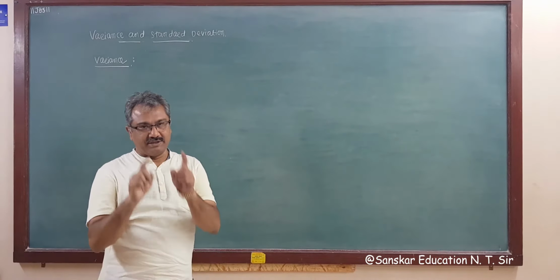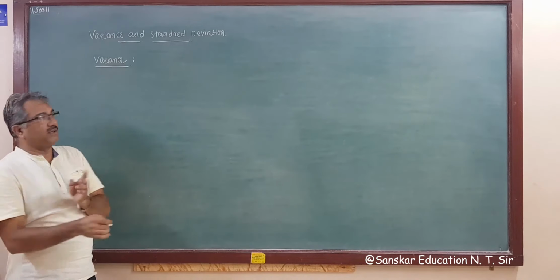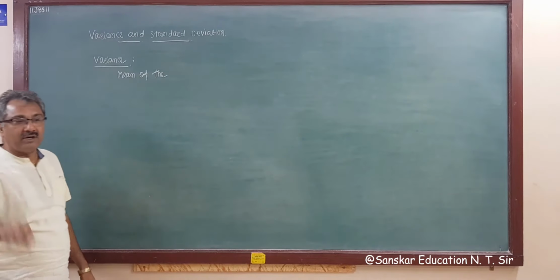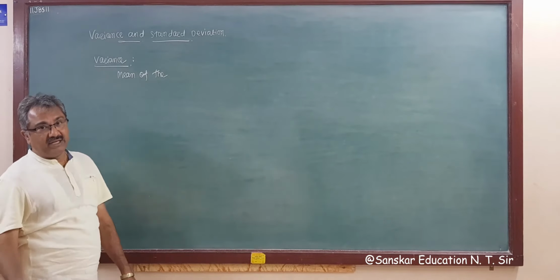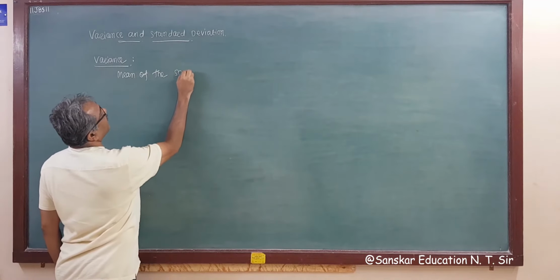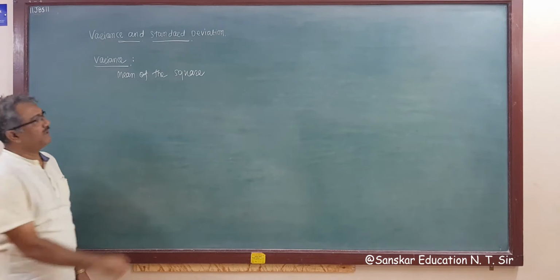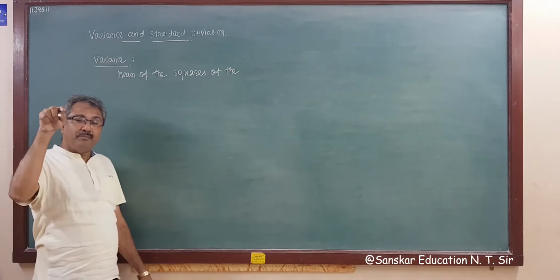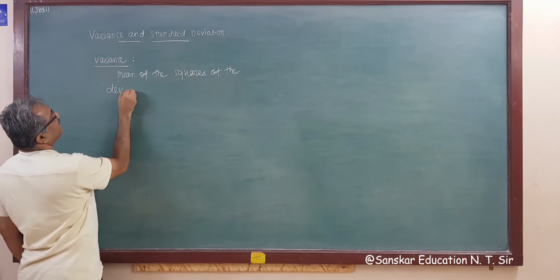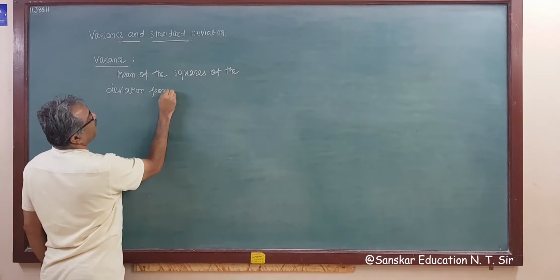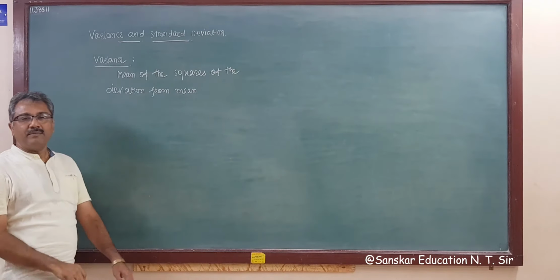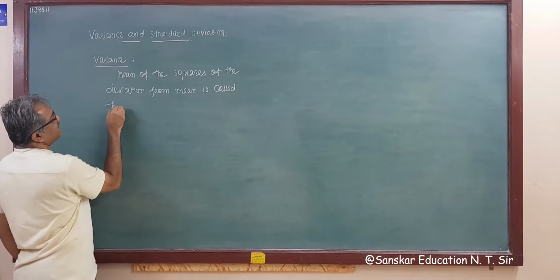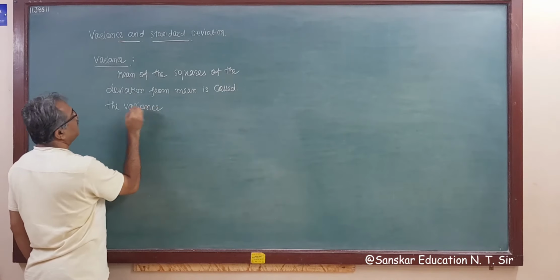Listen properly: the mean of the squares of the deviation from mean is called the variance.